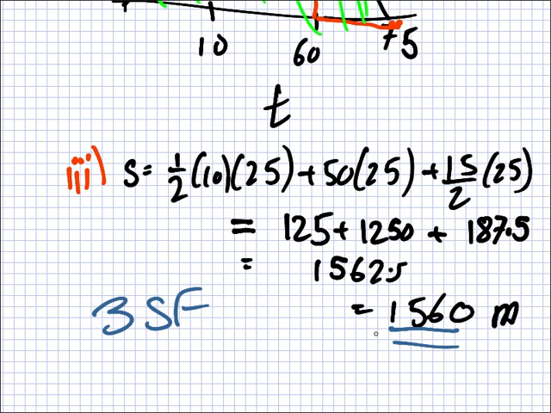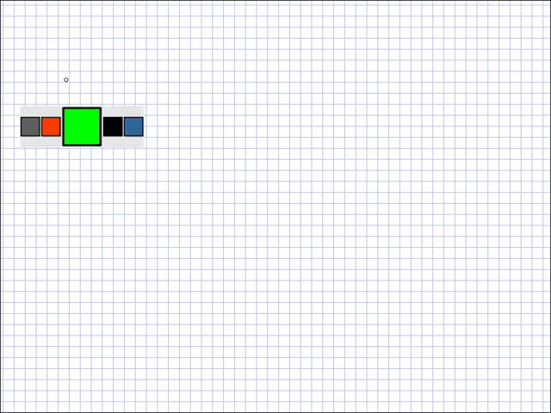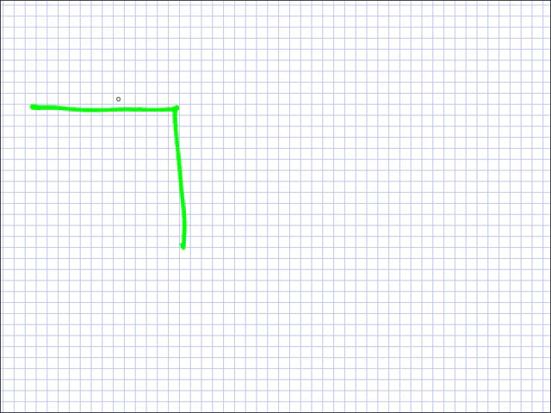Okay. Right, so we've already done 1, 2, 3. Now have a look at 4. A ball is kicked horizontally from an 80-meter high vertical cliff at a velocity of 15.